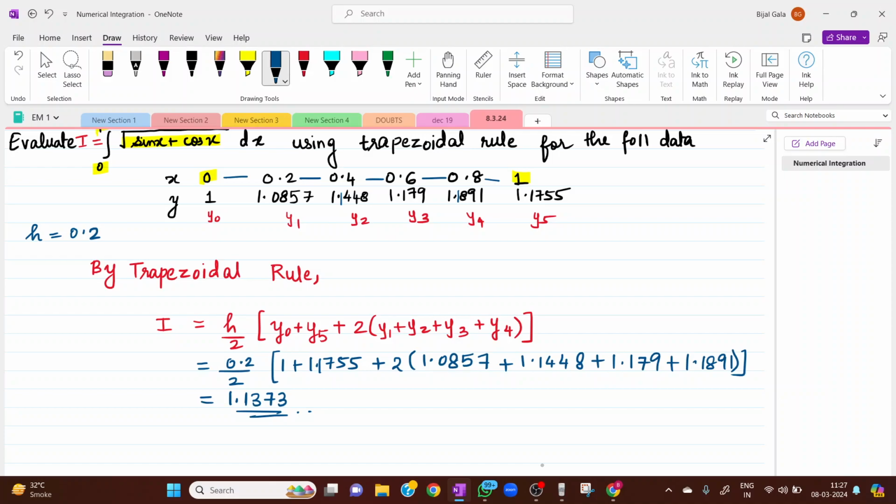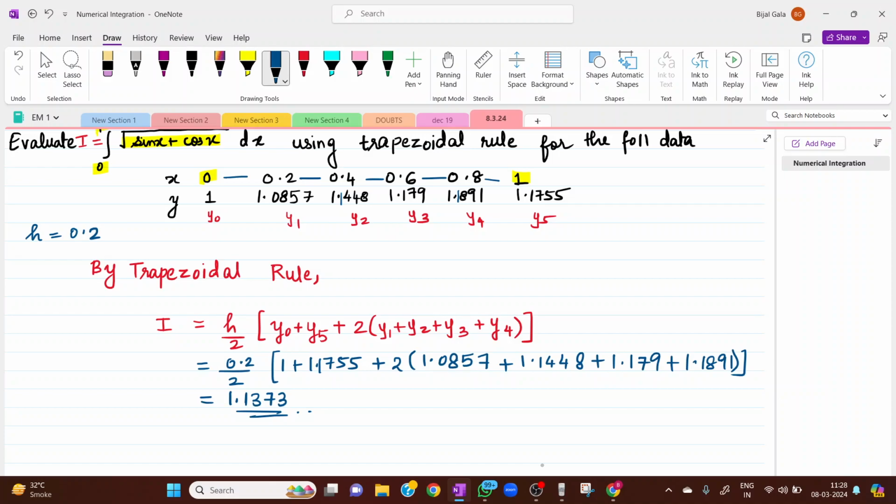I had taught you how to fix your calculators, so I hope you know how to fix your calculators, right? Does everyone know how to fix the calculator? Yes. So we have fixed the calculator and therefore our answer is also coming in 4 decimal places. Is the trapezoidal rule clear with all of you? Anyone who did not understand?